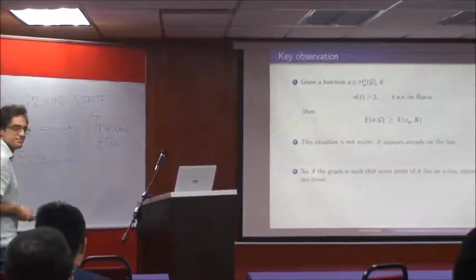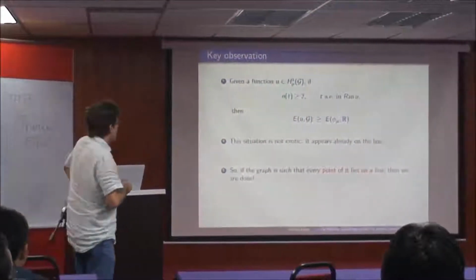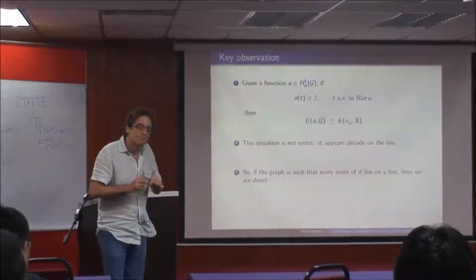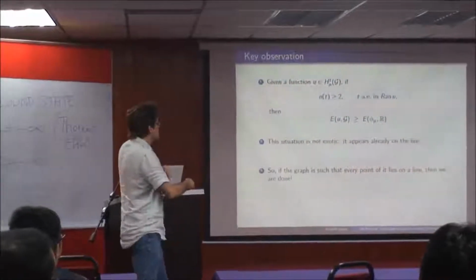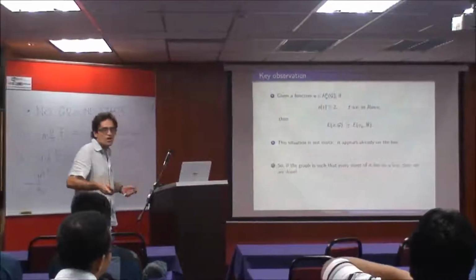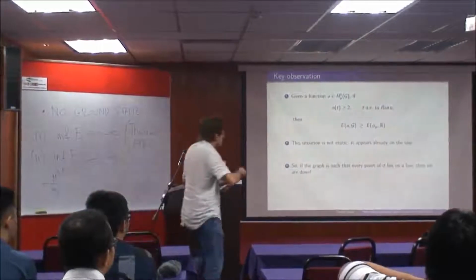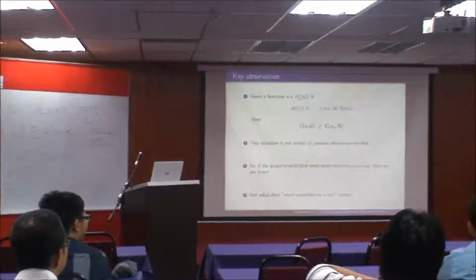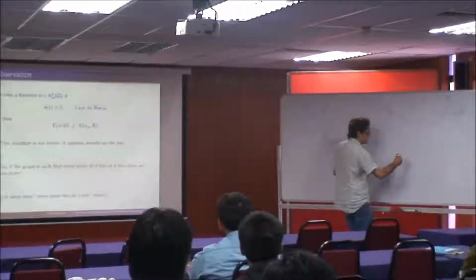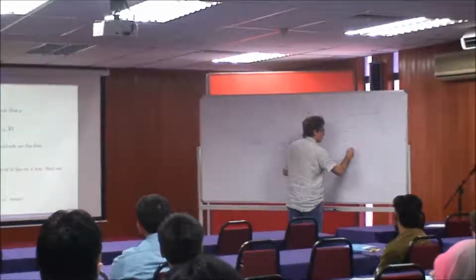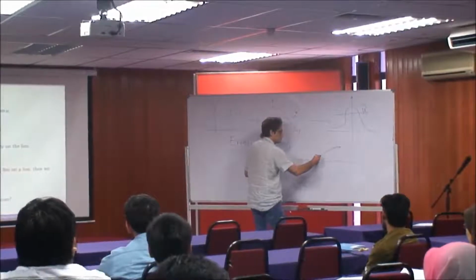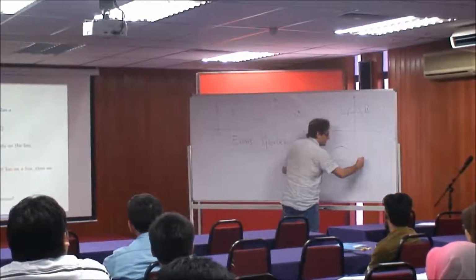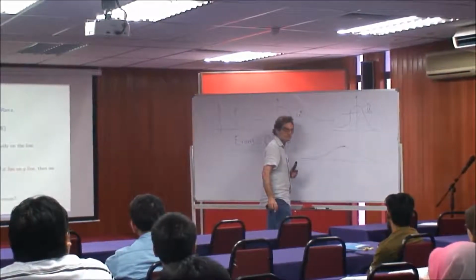If the graph is made in such a way that morally every point lies on a line, then we are done. So what does it mean? What does it mean that every point lies on a line? It means that from every point, you can go to infinity in two different directions.